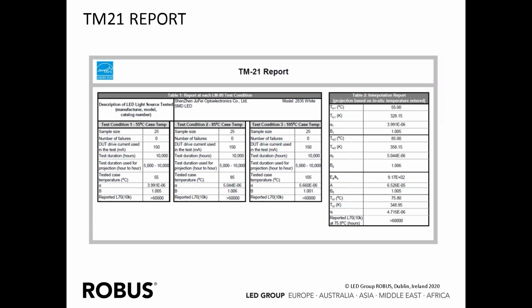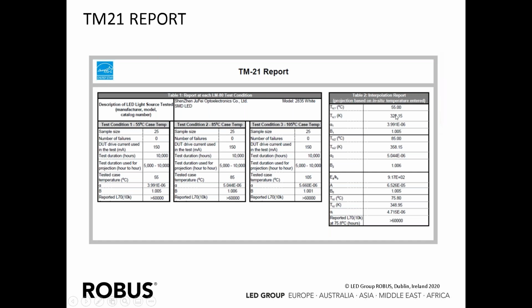So this is each of the LM-80 test conditions, so at 55 degree case temperature, at 85 degree case temperature, and 105 degree case temperature. And on the right hand side here, we've got the interpolation part of the report, which has got information about the 55 degree and 85 degree. If we remember, the actual temperature of the LED when it was measured in situ was 75.8 degrees.